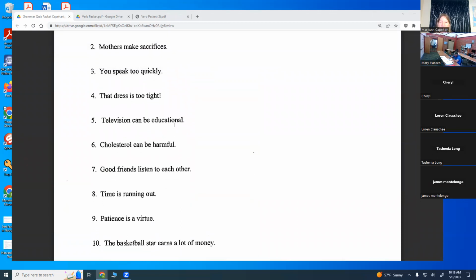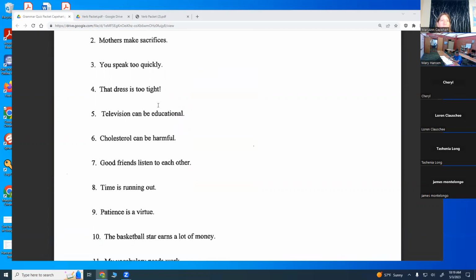The dress is too tight. Subject. Yes. And what's the linking verb that we use to describe things? You don't have too many options. Subject? Nope, the verb. Can I tight? Is that an action?